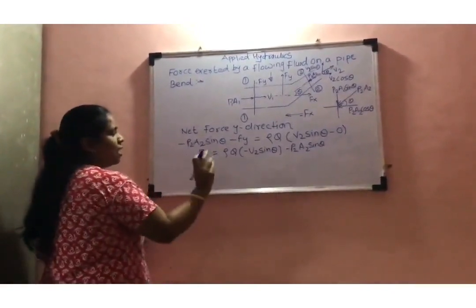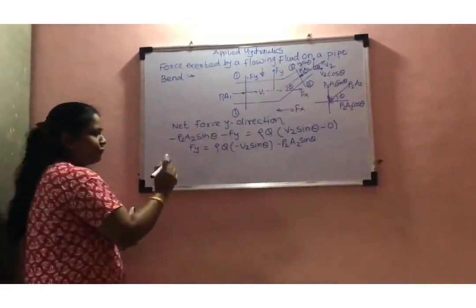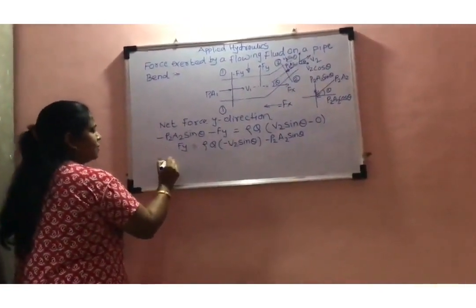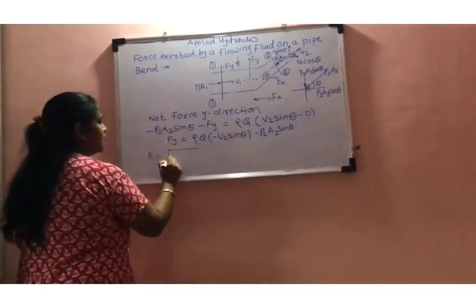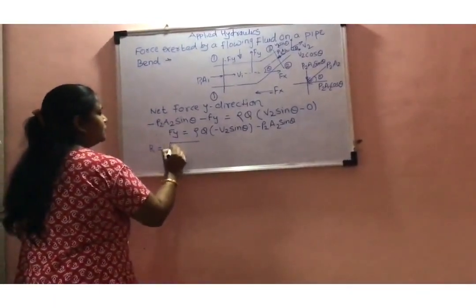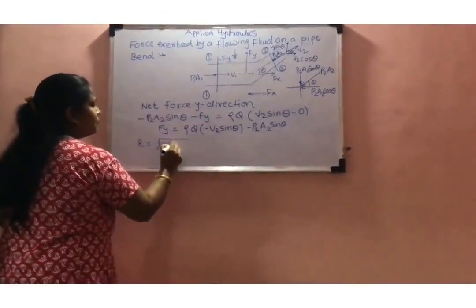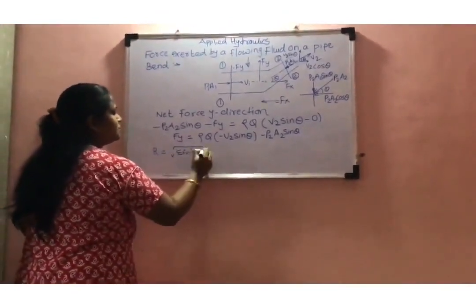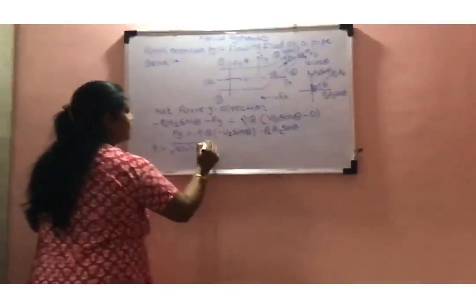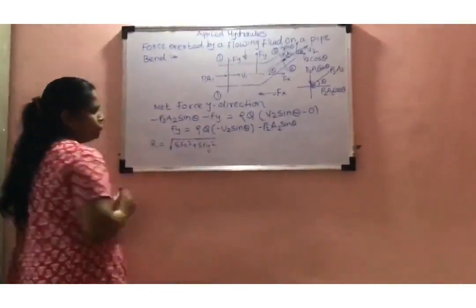So after getting Fx and Fy, we can find the resultant with the help of the formula square root of summation Fx squared plus summation Fy squared.